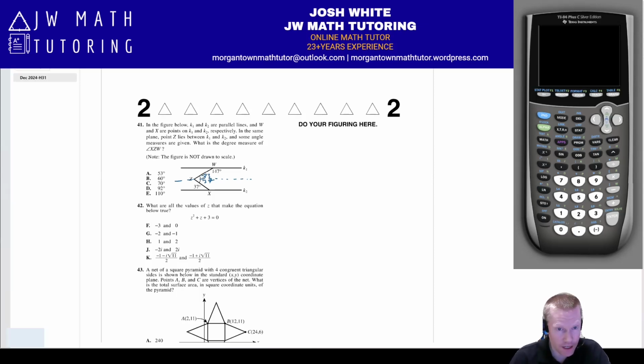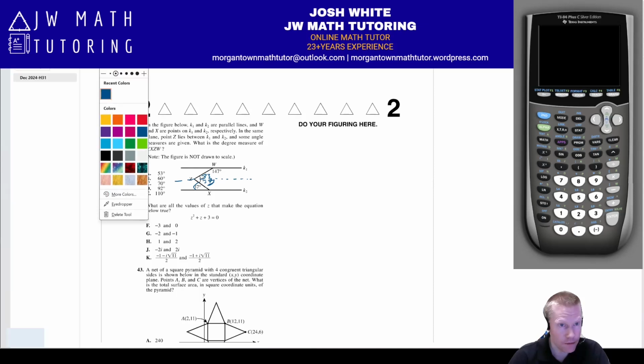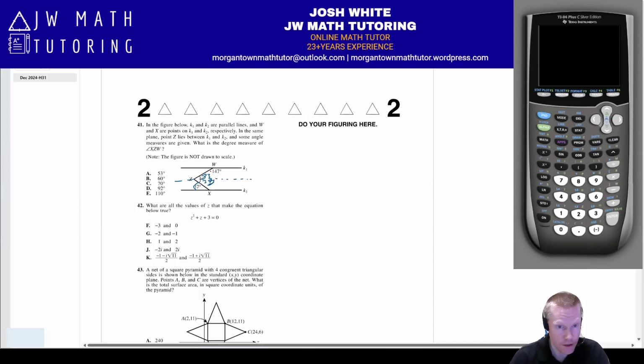Now, the reason that this angle here is 37 is because these are alternate interior angles formed by two parallel lines and a transversal. The reason you know that this angle on the top is 33 is because these two angles, let me just get a different color here, and here are same side interior angles, which are supplementary.